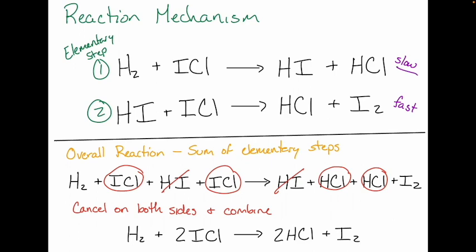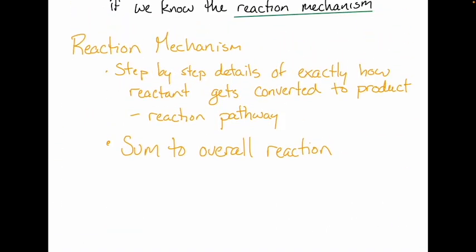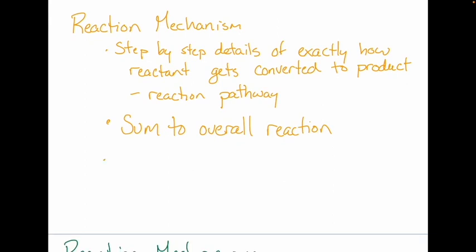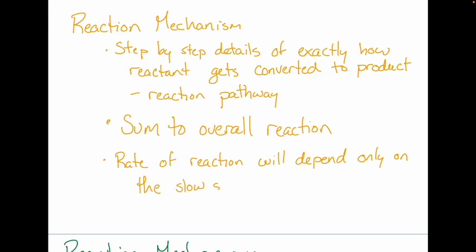Our first elementary step is slow, and our second step is fast in this particular reaction. So why is that important? Because the rate of the reaction will depend only on the slow step, what we call the rate limiting step.